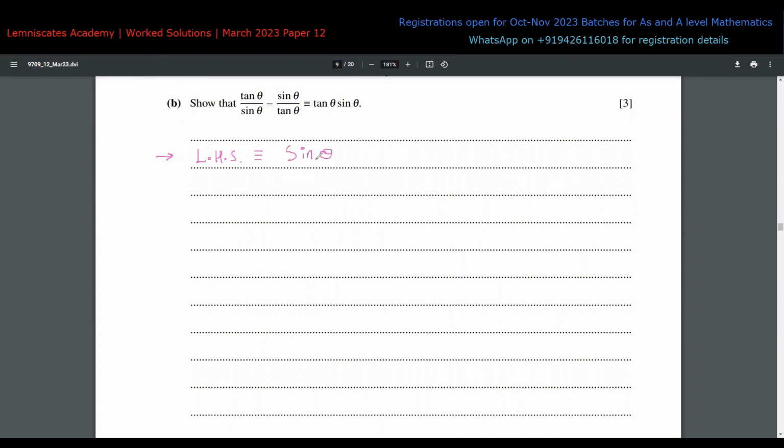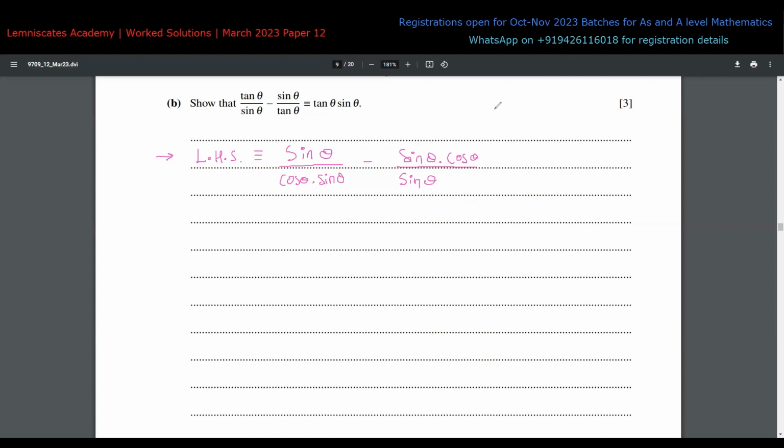There is also sine theta, so it will become sine theta over cos theta minus sine theta divided by sine theta over cos theta. But now that divided by cos theta goes on top. All of these rules are part of your algebra, right? So yeah, that's what I'm applying.